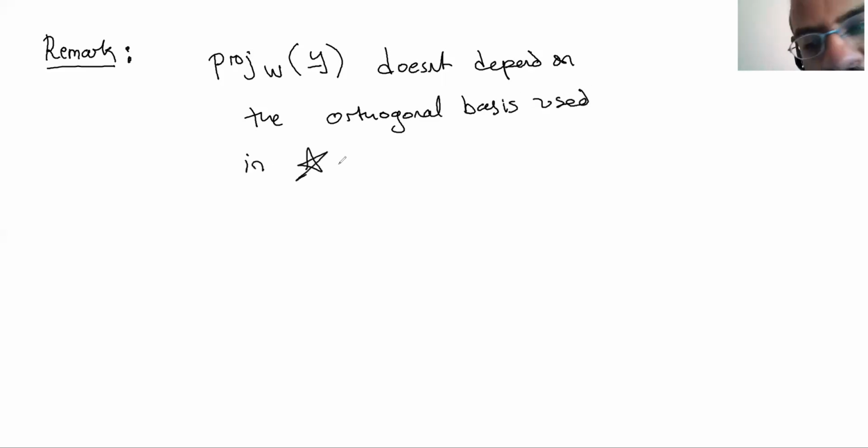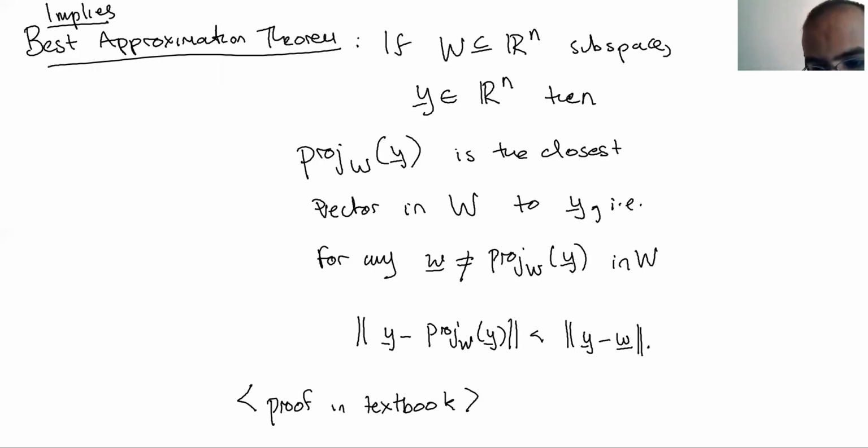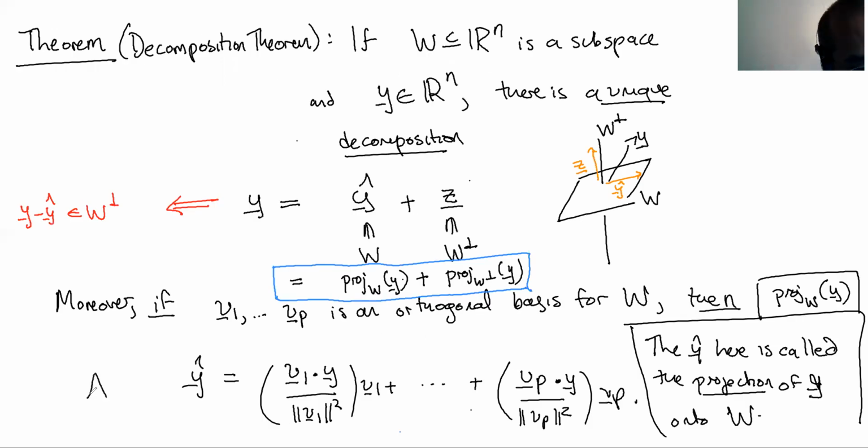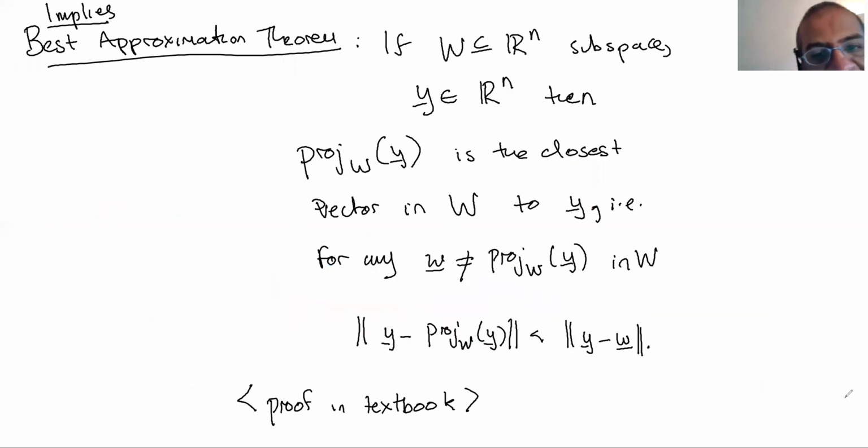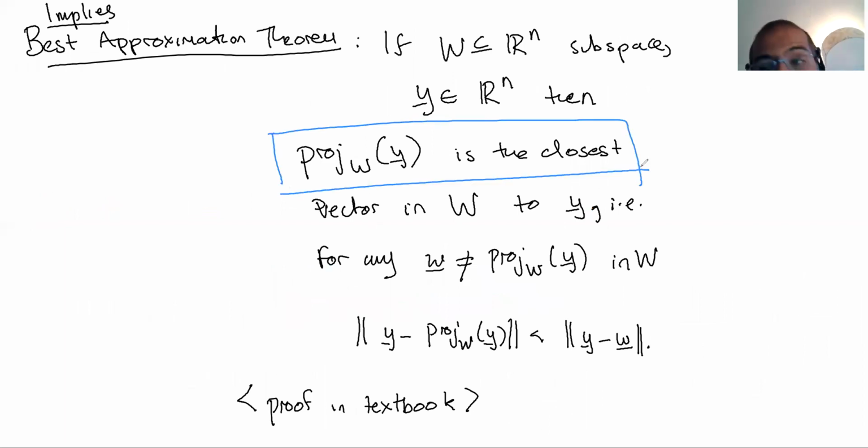In the formula, which I'll just label here as star. If you have a basis, you get a formula. If you have another basis, you get another formula. But they both give you the same answer, which is the projection. And the intrinsic meaning of the projection is it's the closest point in the subspace. That's what orthogonal projections are.